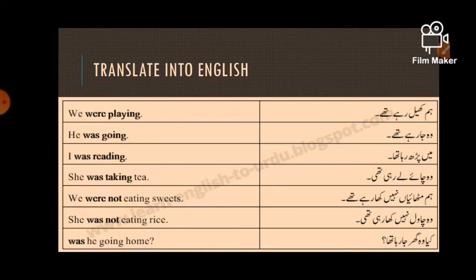If I say मैं पढ़ रहा था जब मेरे वालिद ने बुलाया, so how can we translate it into English? I was reading when my father called me. Called me means past indefinite.